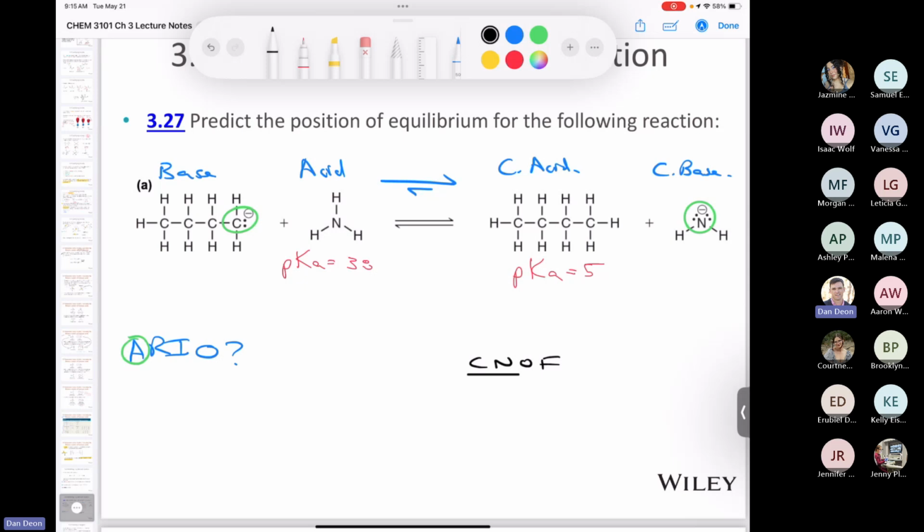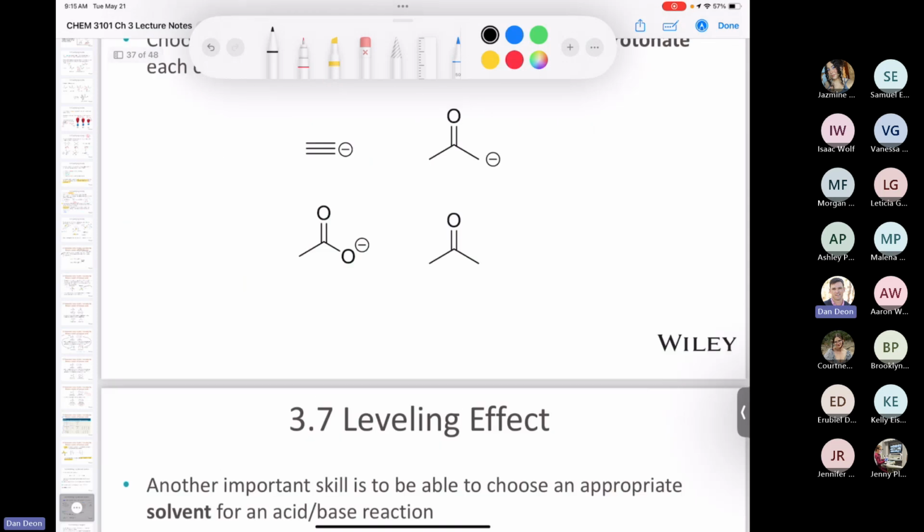And so using ARIO, we would say nitrogen is more electronegative than carbon. Therefore, we would say that the equilibrium is going to lie to the right. So in this case, pKa is always going to work, and ARIO would work as well. Both of them are going to be totally fine. There's nothing wrong with either of them.